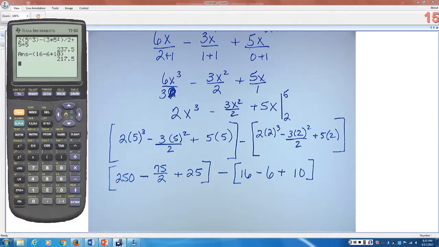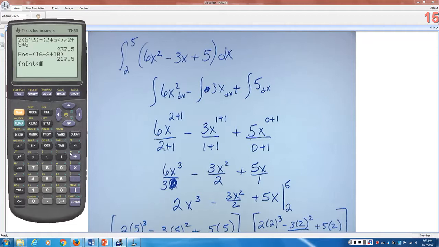Now I'm going to see if I'm right. So let's see the original function. This mouse has gotten to where it wants to either double things or skip things. Comma x, comma 2, comma 5.